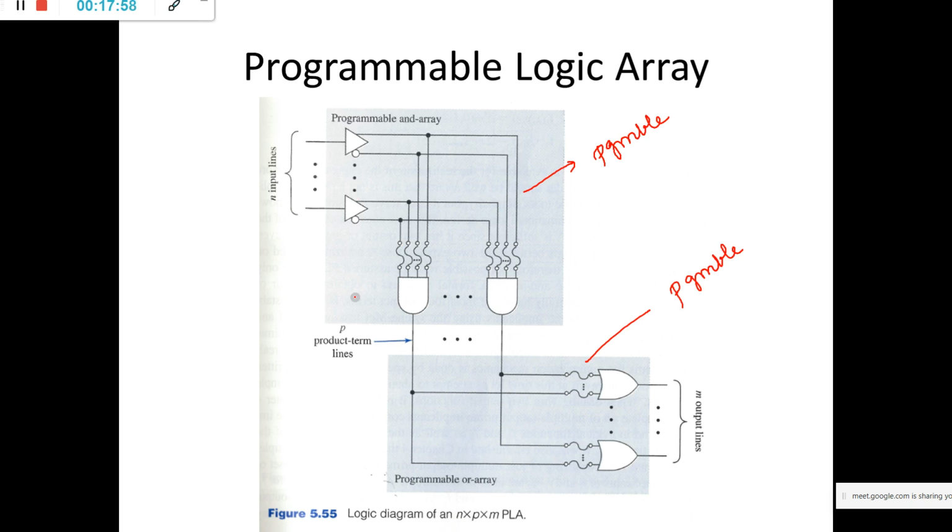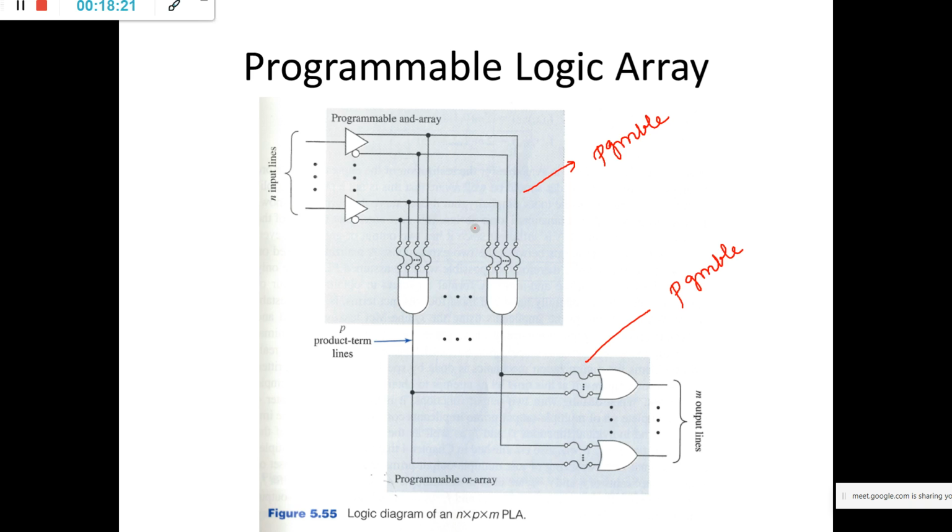We can have a desired connection using these fuses. So it is not necessary to generate the canonical terms only. Product terms are generated which may not be canonical in nature, because AND array is programmable.